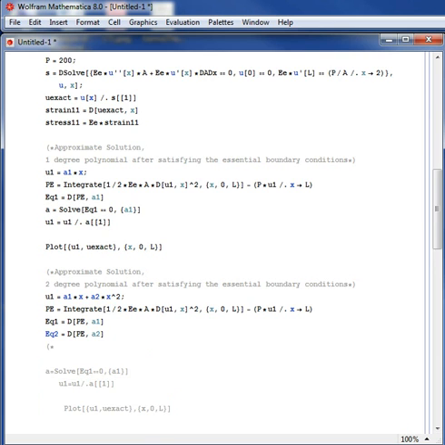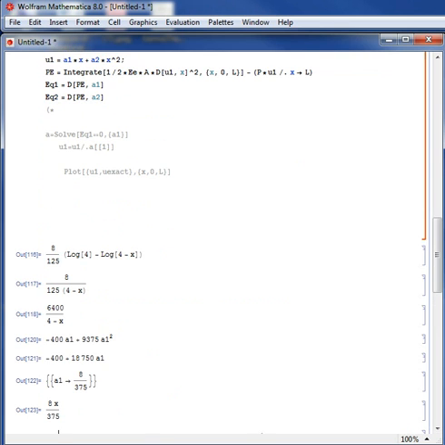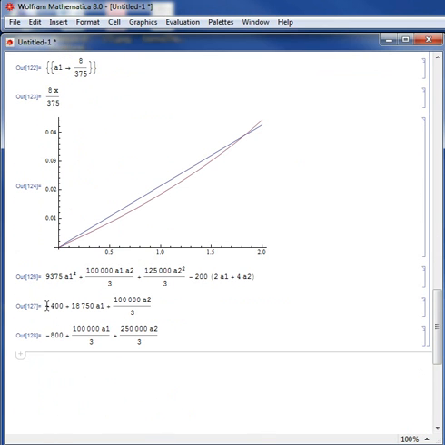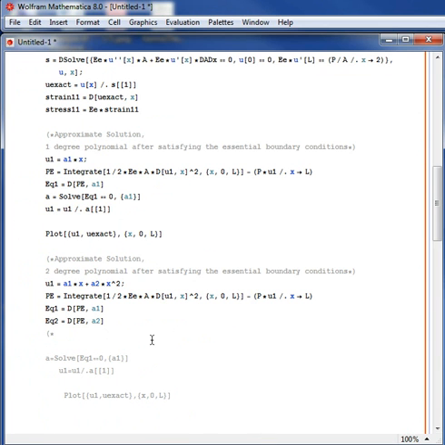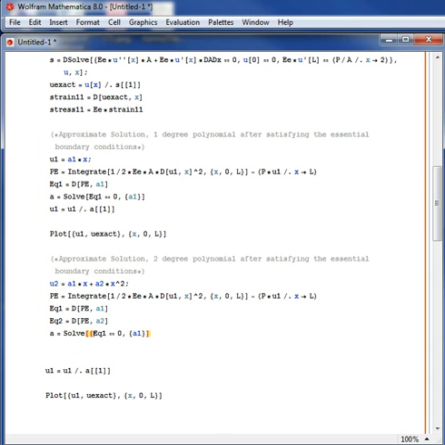And I just want to show you those two equations. Shift enter. This is the first equation, and this is the second equation. Two equations. I want to make both equal to 0 so that I find a1 and a2. Sorry, this should be u2. So solve equation 1 equal to 0, equation 2 equal to 0.